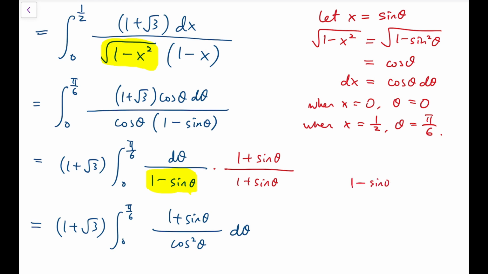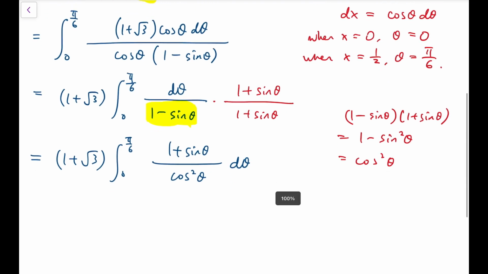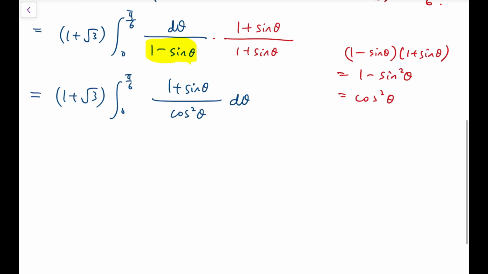Just a remark. If I multiply these two, it is 1 minus sine squared, and that means it's cosine squared. Now, there's only one term at the denominator, so I can split the fraction.